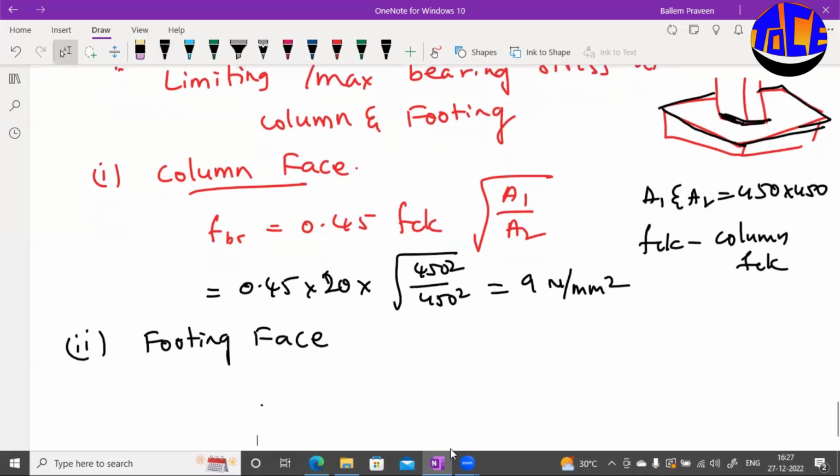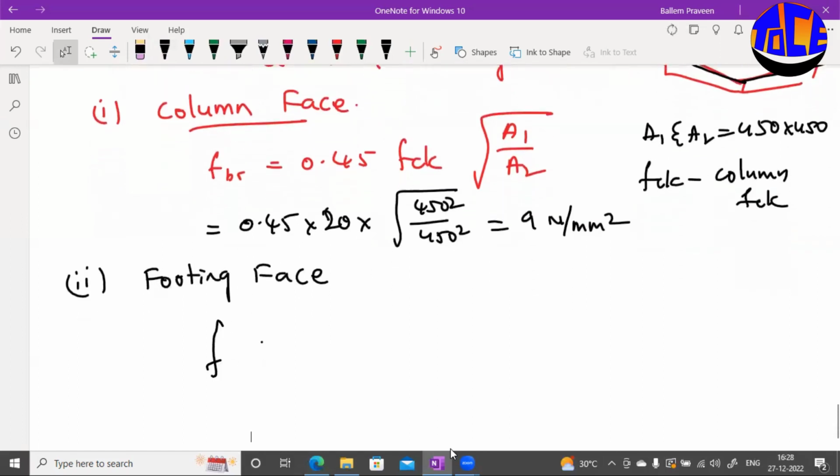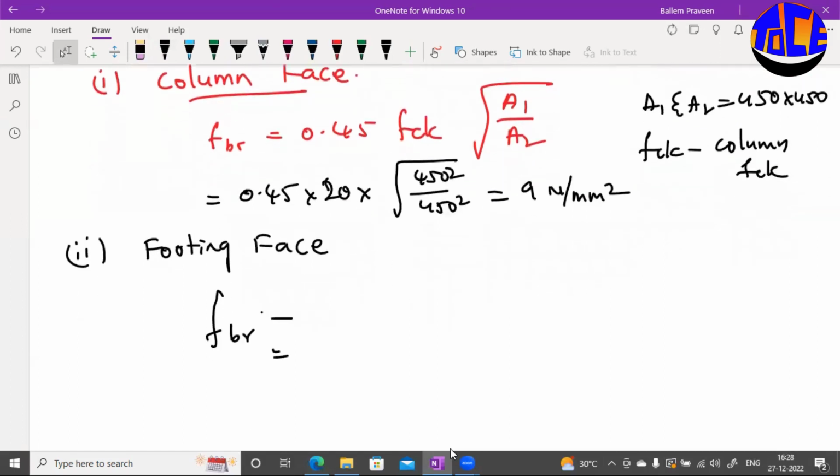So remember that. The formula is the same, equal to 0.45 into FCK, where FCK is the footing FCK, into under root A1 by A2.